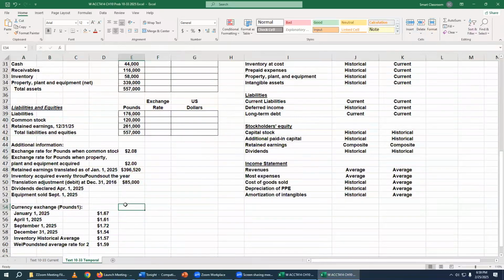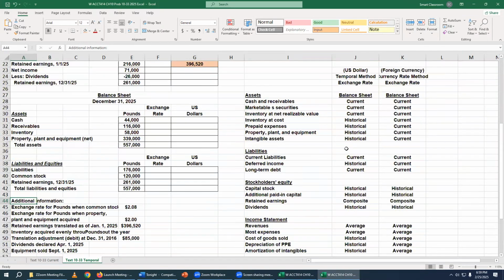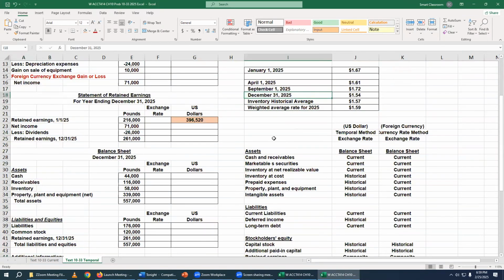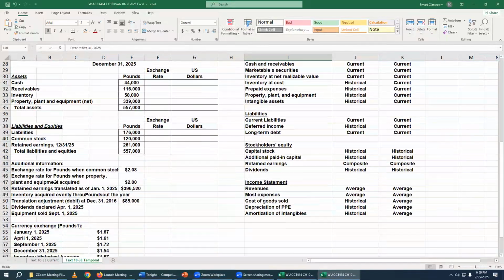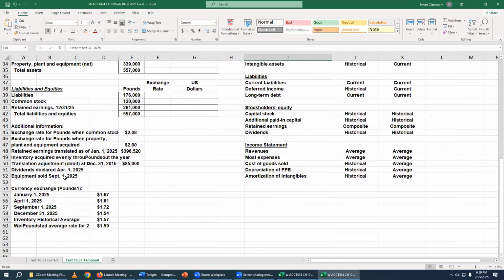Why would I have that down there like that? Is that necessary? I don't think it is. You got a translation adjustment from 2016. Let's get rid of all those.